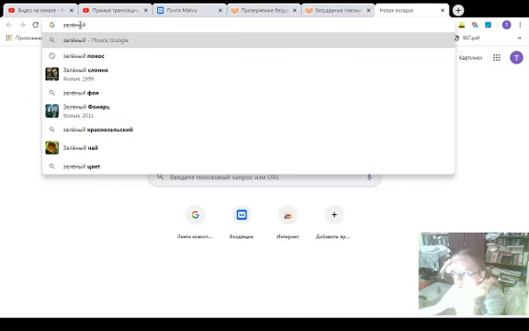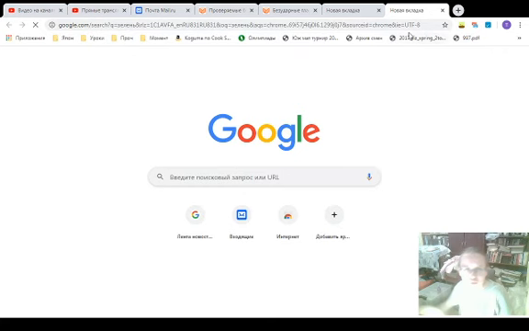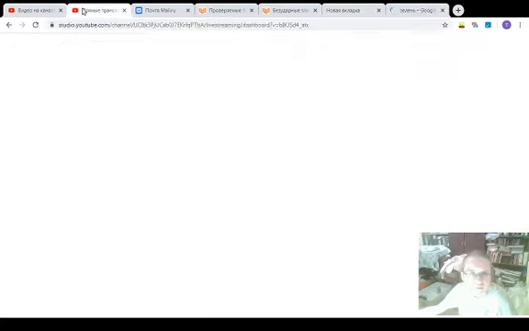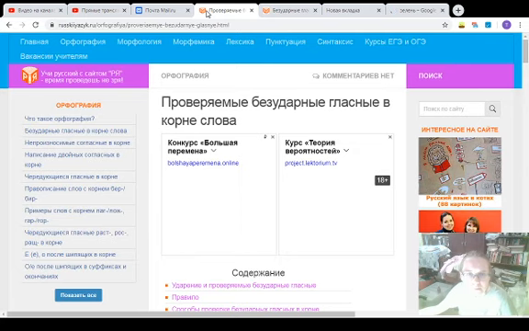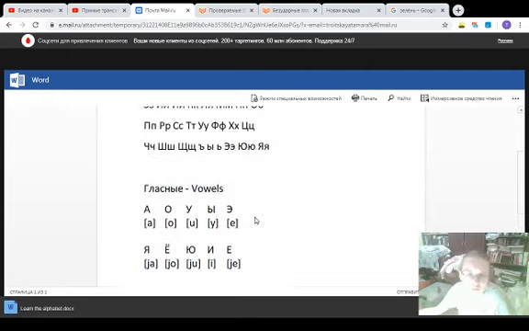It's like grass, but a grass that people can eat and put into salad or into soup. This is зелень. Yes.